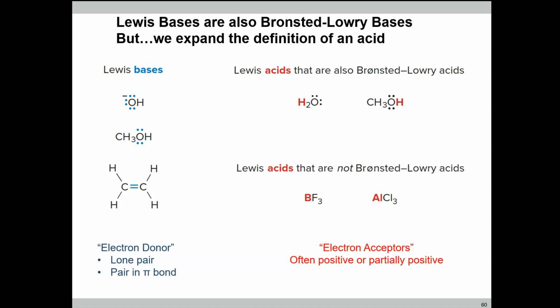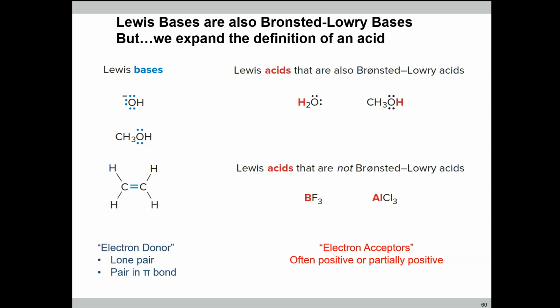So we've spoken about Arrhenius acids and bases, Bronsted-Lowry acids and bases, and now the final definition is going to be Lewis acids and bases. Lewis acids and bases are not always Bronsted-Lowry acids and bases, or vice versa. So I'll talk about this. A Lewis base has the same definition as the Bronsted-Lowry base.